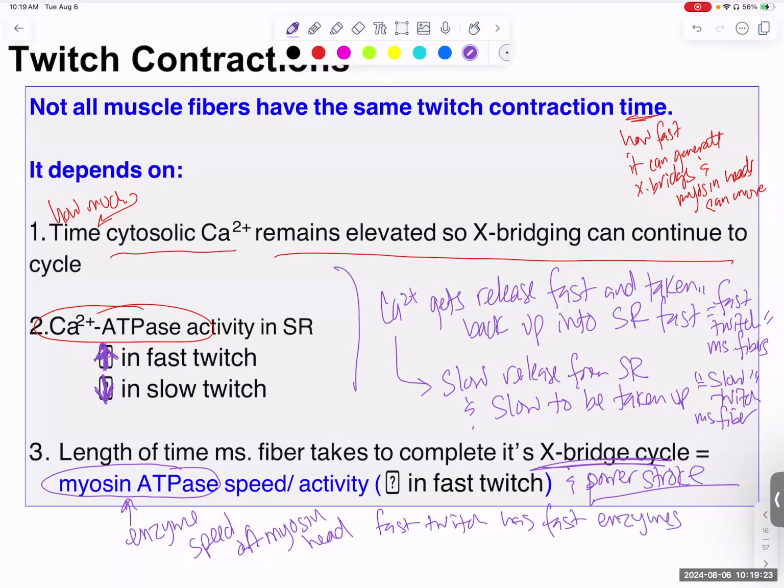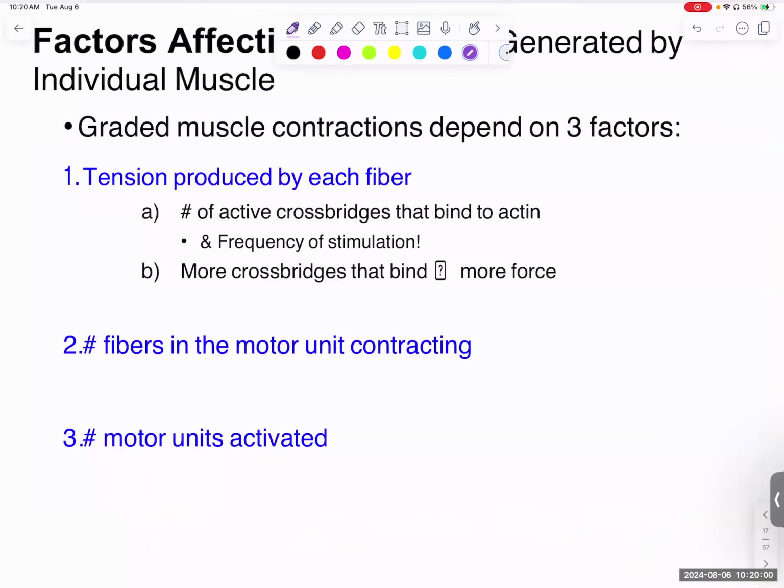And so those fast enzymes can energize the myosin head quickly, and so it's going to power stroke quick. And so opposite for slow twitch. So how fast the myosin head can move and do a power stroke is dependent on that enzyme. And so if it's fast twitch, it's going to have fast ATPase and it's going to power stroke really fast.